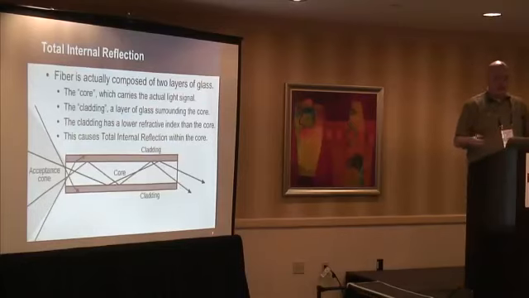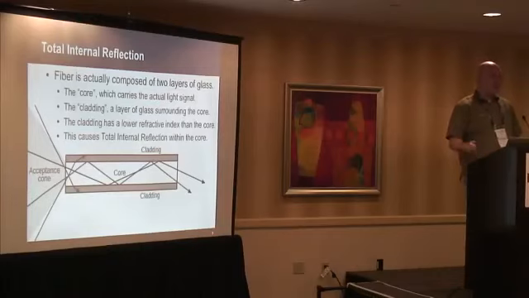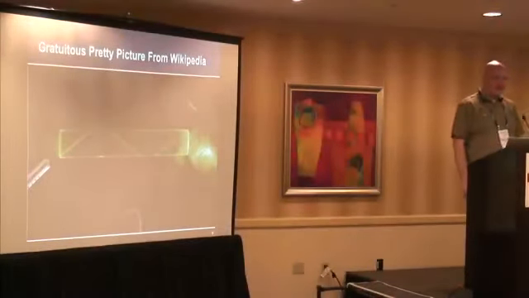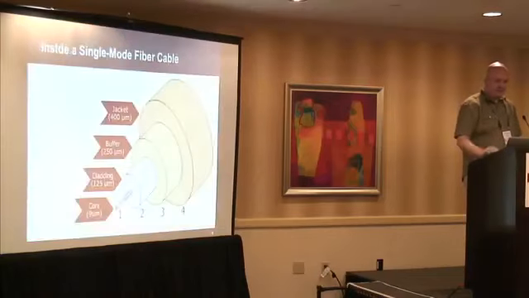So the cladding has a lower refractive index, and that causes the total internal reflection inside. So here's a gratuitous pretty picture from Wikipedia showing someone shining a laser pointer into a piece of plastic or something, and you can see that it just bounces around inside and keeps propagating forward.